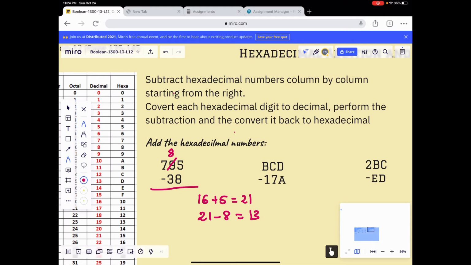So you write out 13, and you convert 13 back to hexa, so that's letter D.